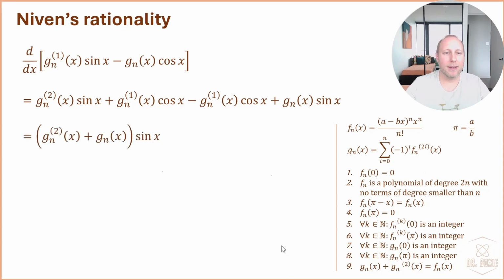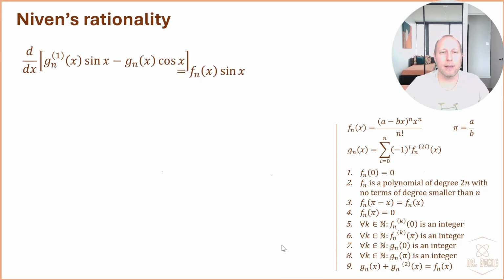And so we're left with the first and the last term that have sine x in common, which we can bring out of the brackets. And the thing within the brackets now, property 9 tells us that that is simply fn. So we get this expression. So the thing we started with, the derivative of that expression, is simply fn times the sine.